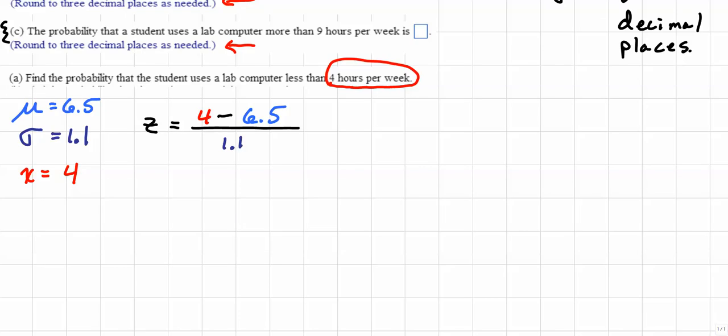Notice that I am putting parentheses around the numerator, and that's how you need to enter this into your calculator. Many people will simply type in 4 minus 6.5 divided by 1.1. That's not necessarily going to follow what you want to do, because most calculators will follow the order of operations and do the division first and then do the subtraction.